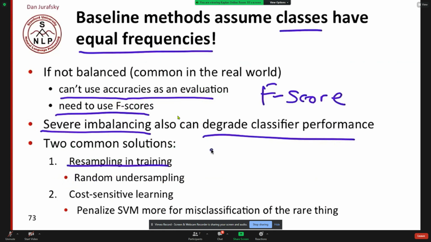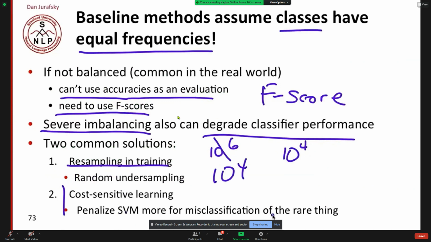One is we just resample before we train. So for example, if one class has 1 million reviews and one class has 10,000 reviews, then we might just downsample and take only 10 to the 4th of these reviews to match. Instead of resampling, we can use cost-sensitive learning.